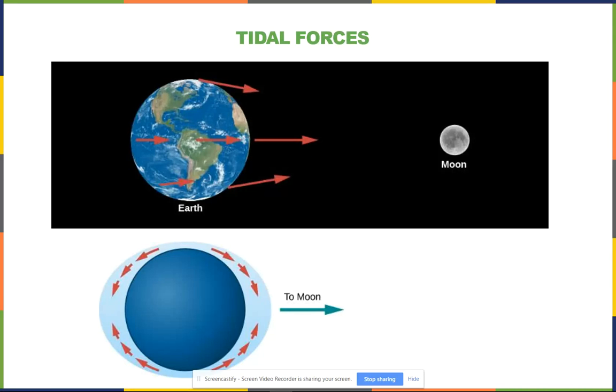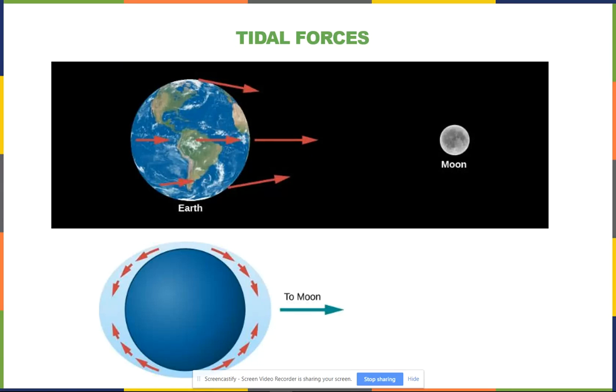Now, the Earth has a very easy-to-flow fluid on its surface, water. The water closer to the moon is pulled harder than the Earth is on average, so it gets pulled away from the Earth, making it elongate. On the other side, the water is not being pulled as hard as the Earth, and so it elongates away because the Earth is being pulled away from it more than this water is.